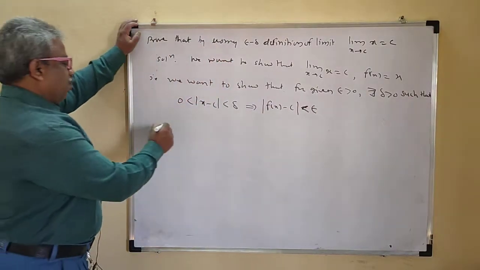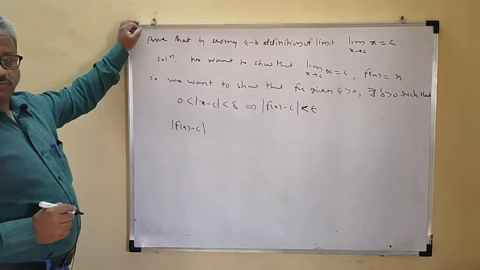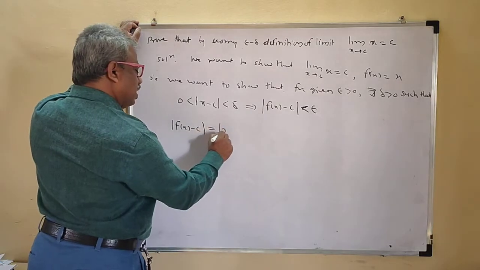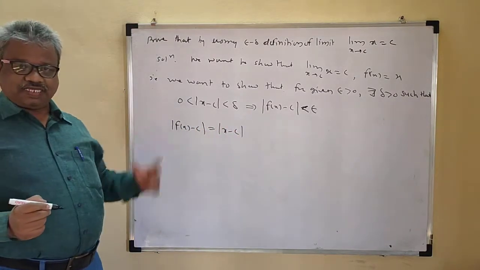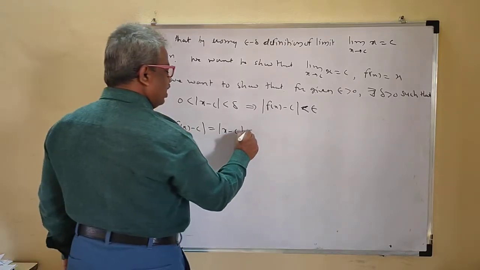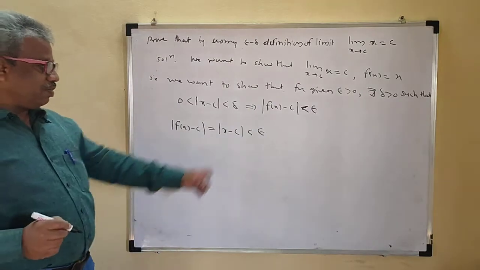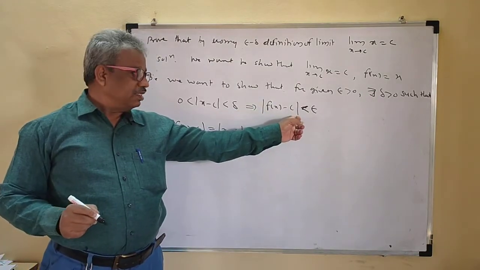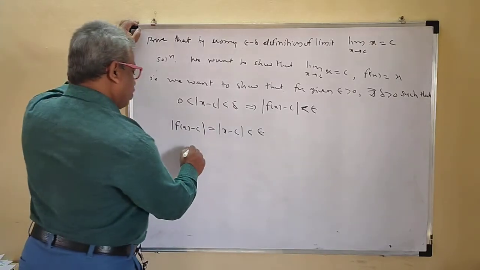So we'll take f(x) minus c. What is f(x)? That is x. So we get x minus c here. This is less than epsilon, because f(x) minus c less than epsilon is given to you. So therefore what?